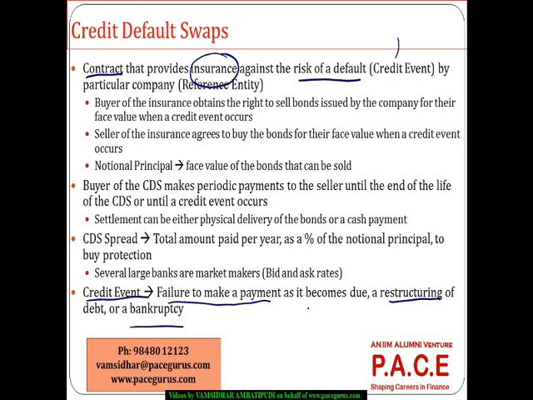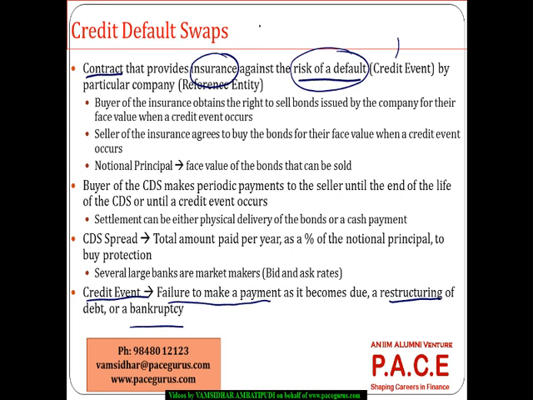Any of these things impacting the ability to make the payment when it falls due is what we call a credit event.